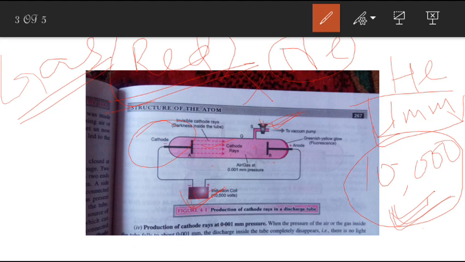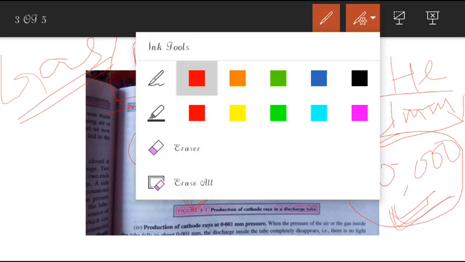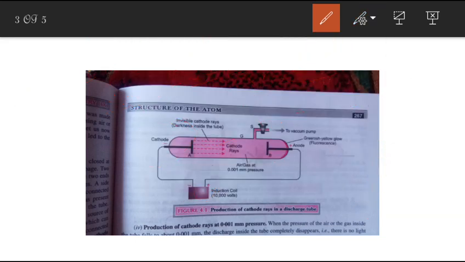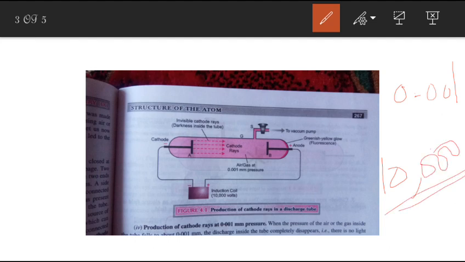After that, in the third step, he decreased the pressure from 1 millimeter to 0.001 millimeter, and the voltage was kept at 10,000 volts, because it is already a high voltage.